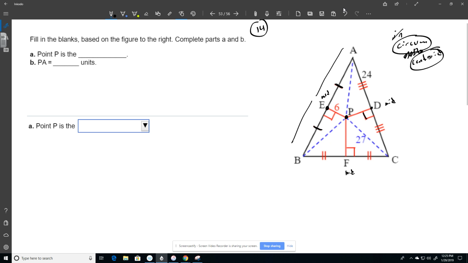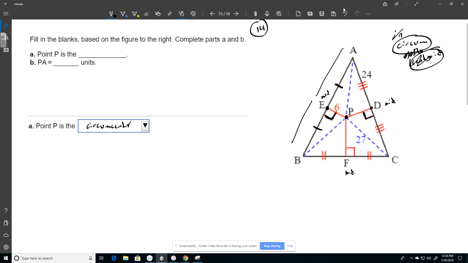Well, I also know that these lines are perpendicular. The centroid is the lines that go from the middle to the corners. But these lines go from the middle, they don't go to the corners. They go perpendicular. So I know that it's the circumcenter. So P is the circumcenter because these lines are perpendicular and they go through the midpoints.